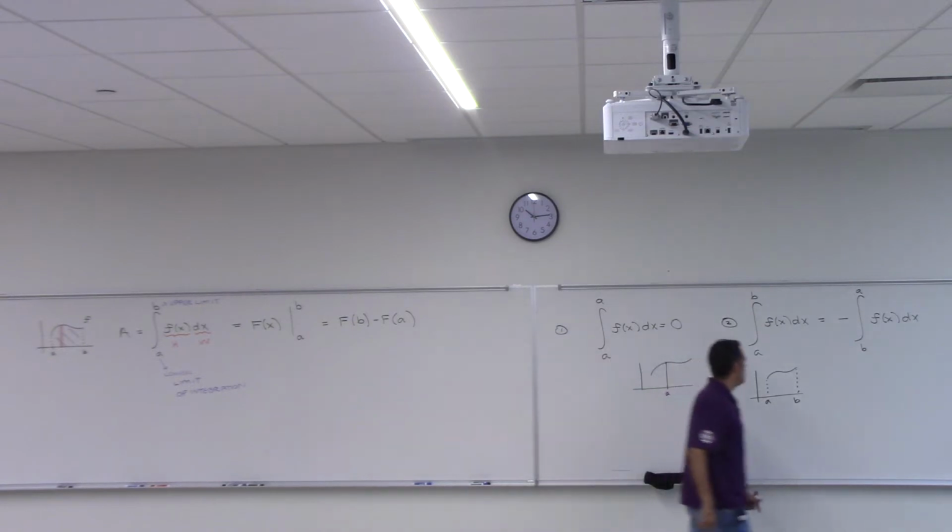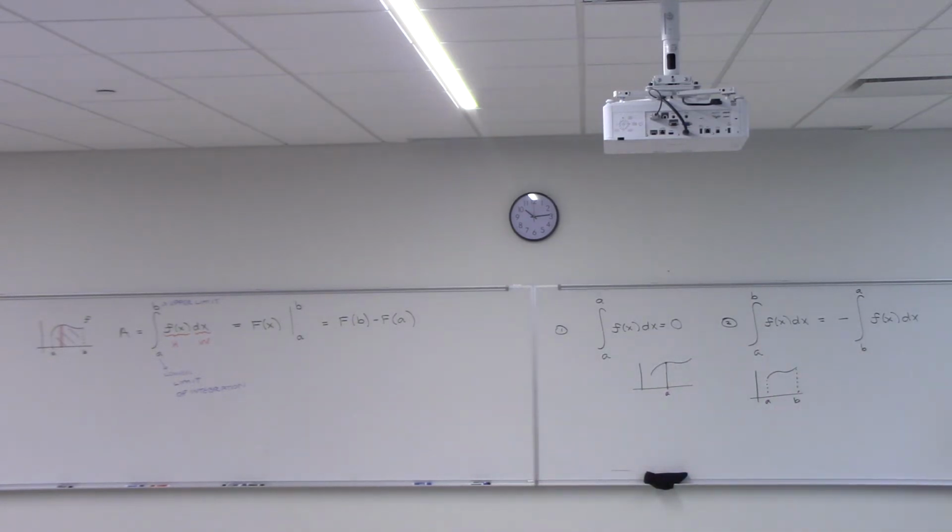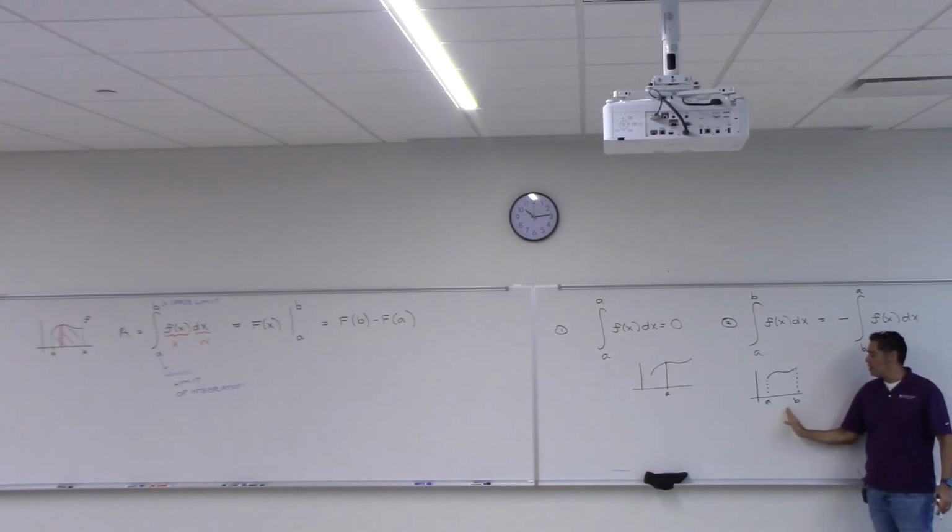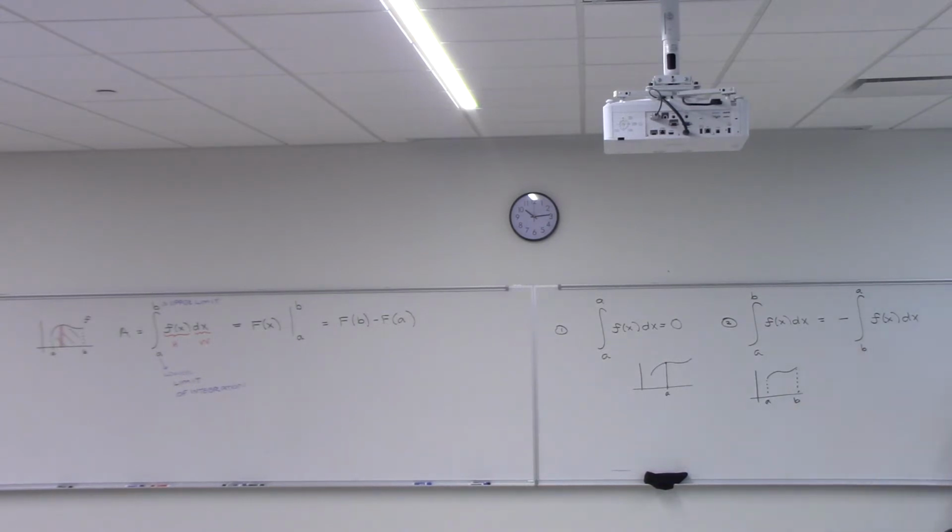You can look back in your notes. The formula was b minus a over n. That was the formula for the width of the rectangle. You go back and look in your notes. That's how wide the rectangle was, right? B minus a is going to be some positive number in this case, won't it be? So you have some positive number divided by some positive number. This will be a positive, right?